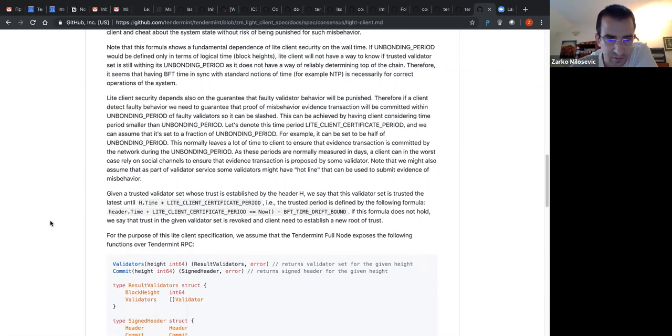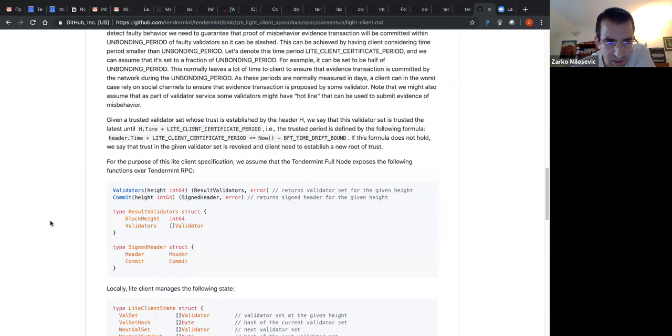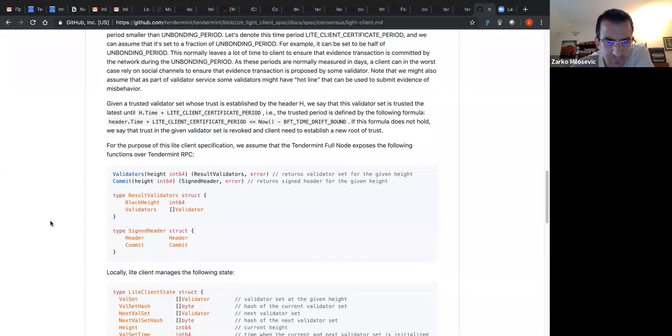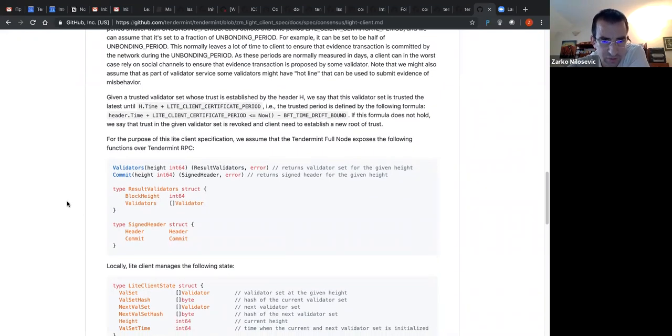So just to more or less formalize this, I wrote a little bit of pseudocode, where from the Tendermint RPC we assume that there are two functions being exposed, which we have right now. The first one obtains validators for a given height, and the second obtains, for a given height, the signed header, which is a header plus the last commit that covered that header, which actually comes from the next block.